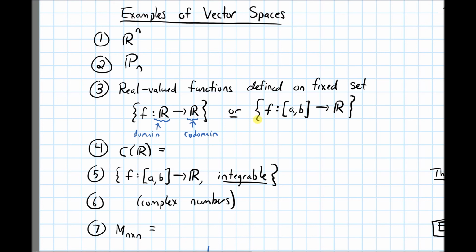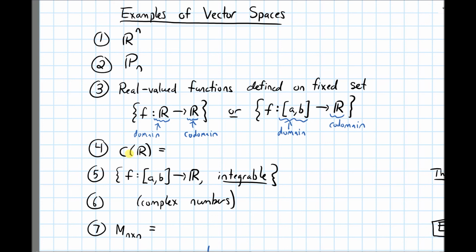I could also talk about functions whose domain is a closed interval, and the codomain is the reals. That is also going to be a vector space. In the next example, I'm introducing some notation.